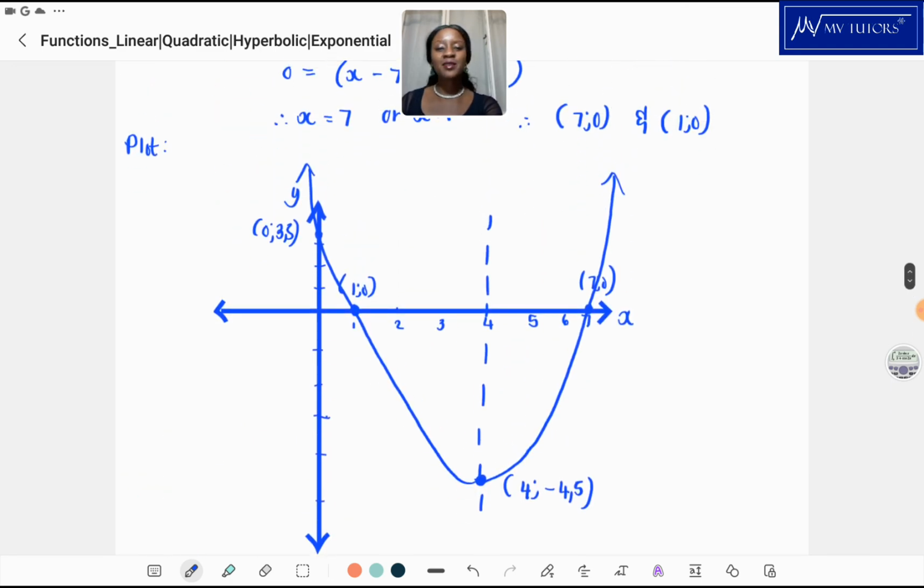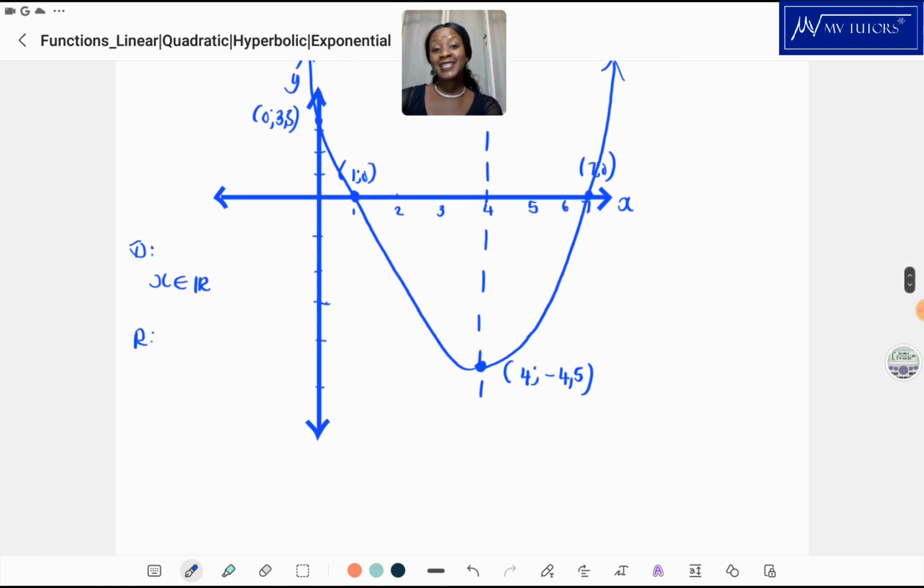The domain for a parabola, guys, unless they restricted it, will always be x is an element of real numbers. The range, however, you know is limited by the turning point, right? So the range basically goes from negative 4.5 all the way to positive infinity.